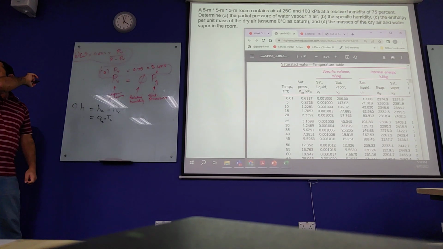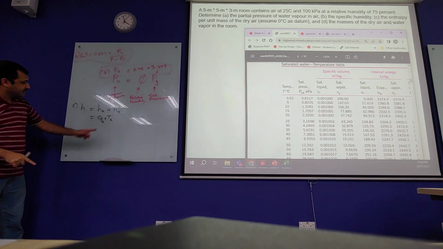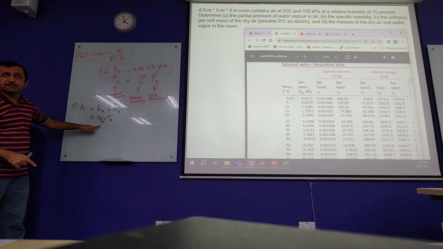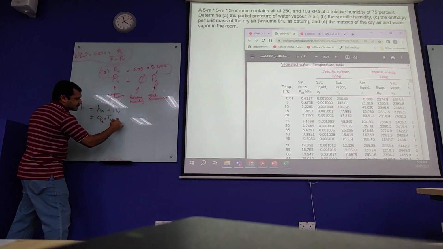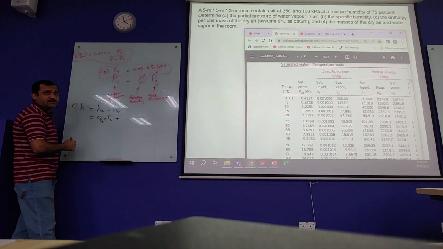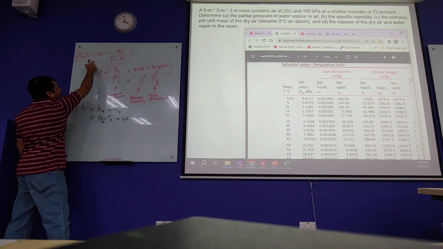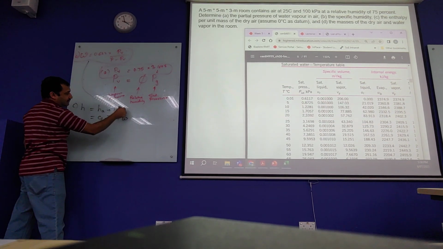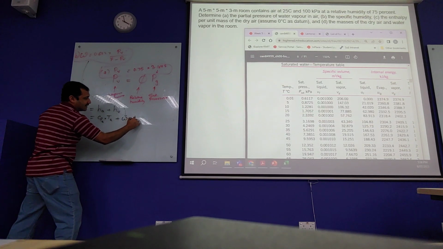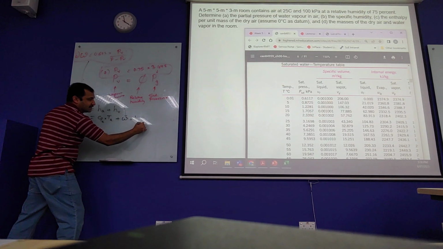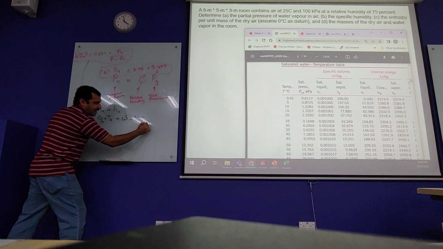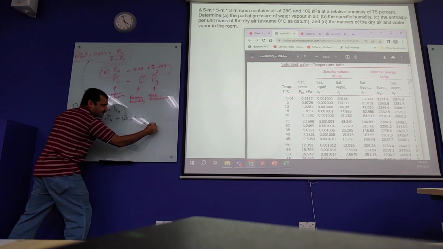Datum is not absolute 0, it's 0 degrees Celsius. So 25 degrees Celsius there, Cp of air, plus, what do we need to find? Omega, we already know from before, times HFG. Now that's HFG at 25 degrees Celsius.